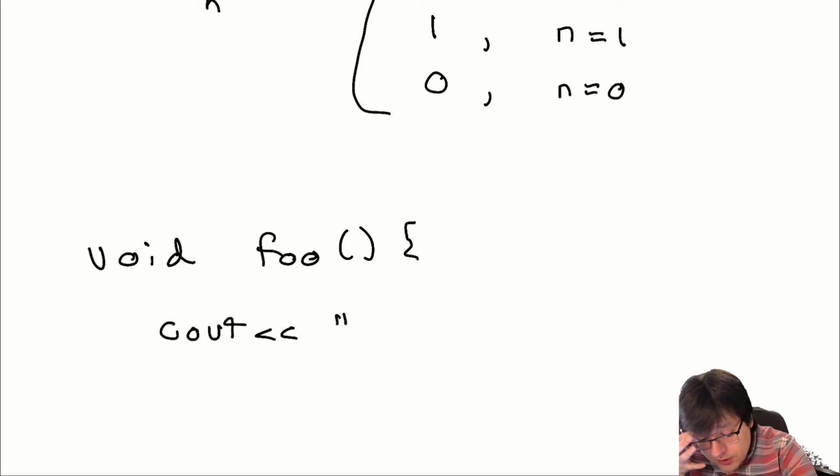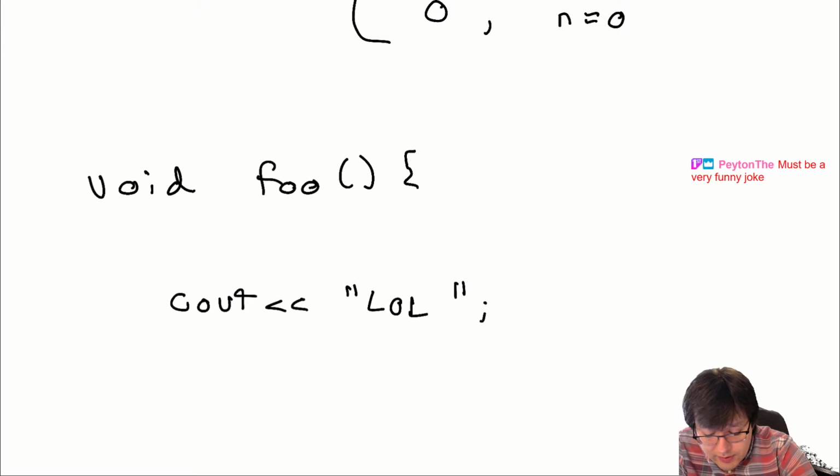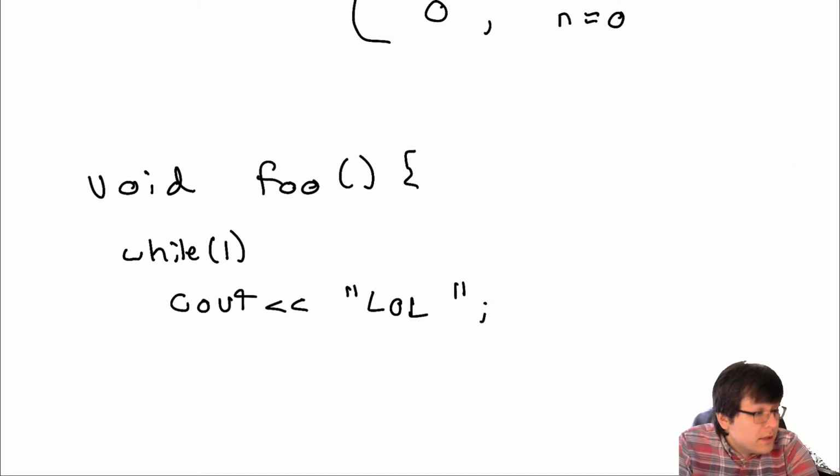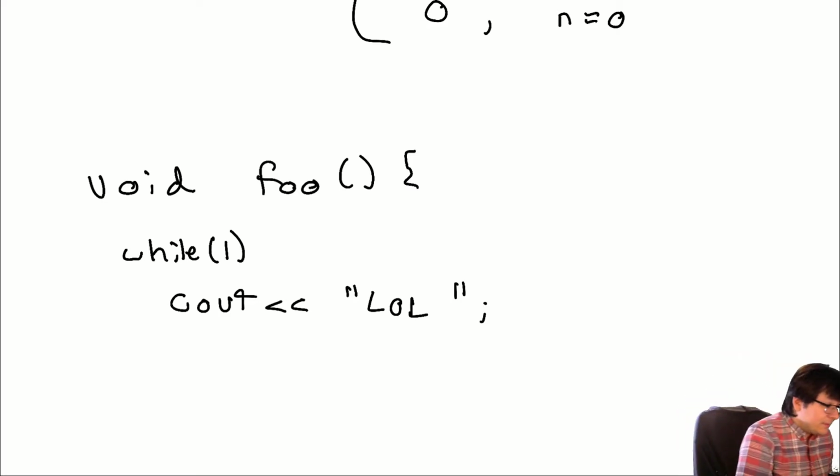The first option is you can just do an infinite loop. Maybe a space after it, so our LOLs are more elegant. And so again, if you just wanted this function to print this infinitely, then you can just say while true cout LOL. And this, I guarantee you, is going to spam the terminal with LOL, right?